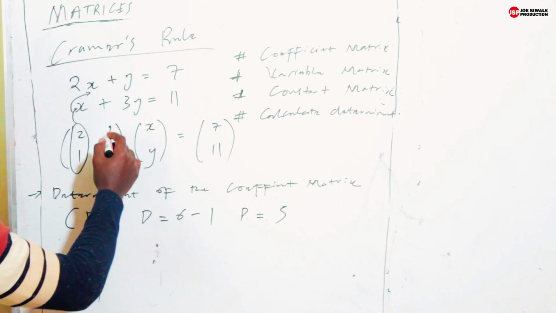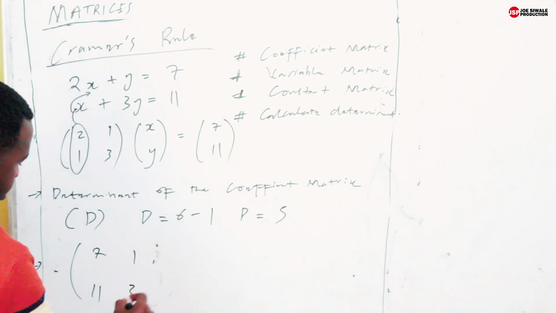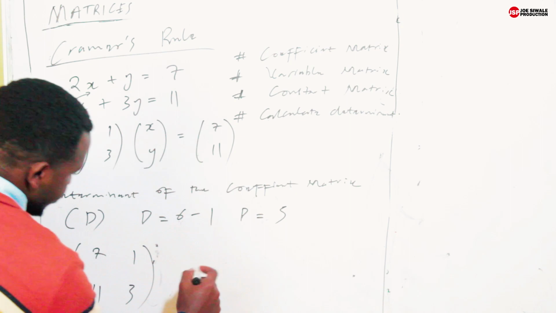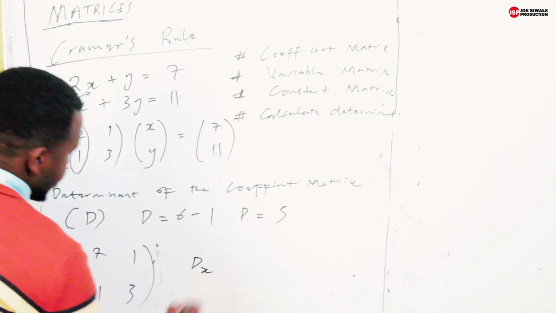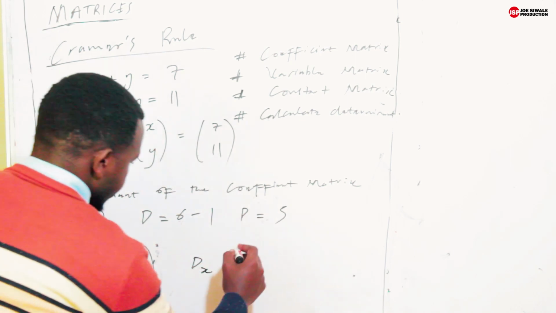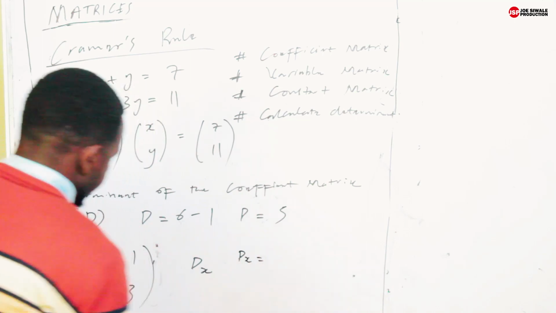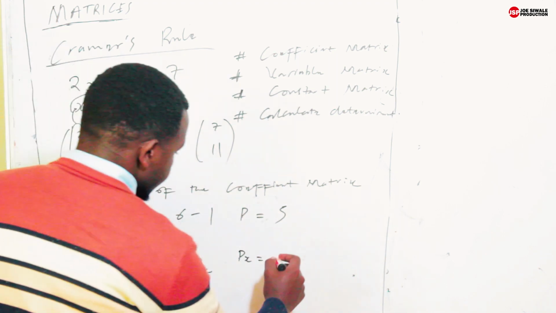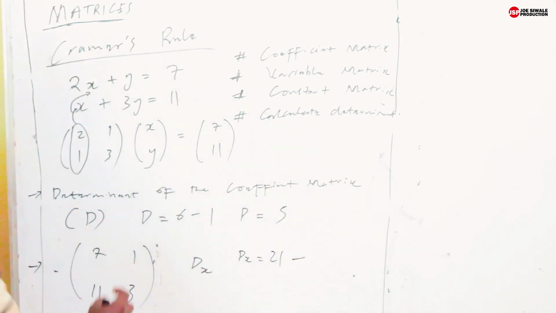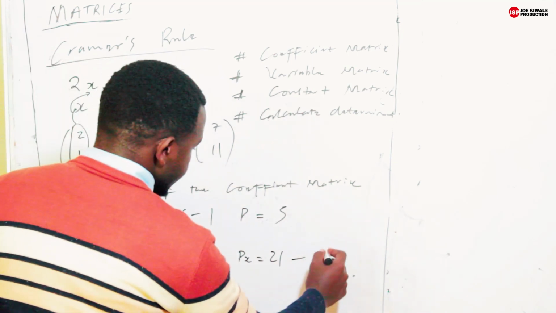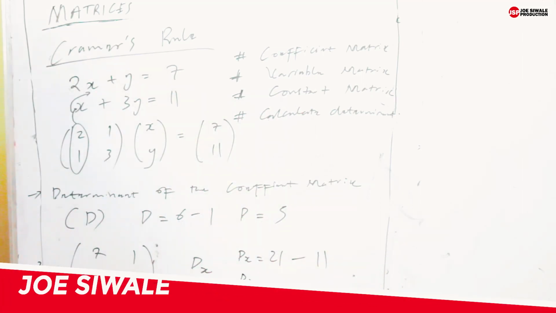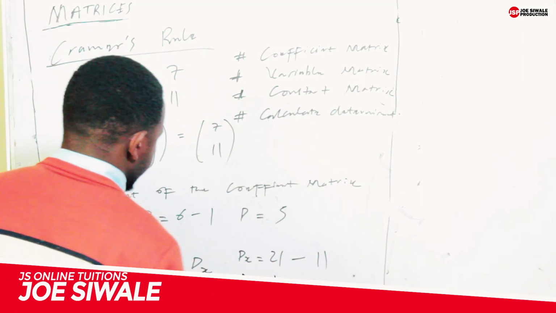Then we're going to maintain these elements 1, 3, and we're going to find the determinant of this matrix. The determinant of this matrix is going to be represented as dx. So to find our dx, we're going to say 7 multiplied by 3, we're going to have 21, minus 1 multiplied by 11, we're going to have 11. So our dx, 21 minus 11, we're going to have 10.